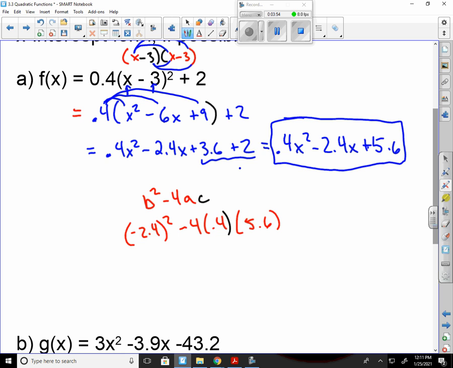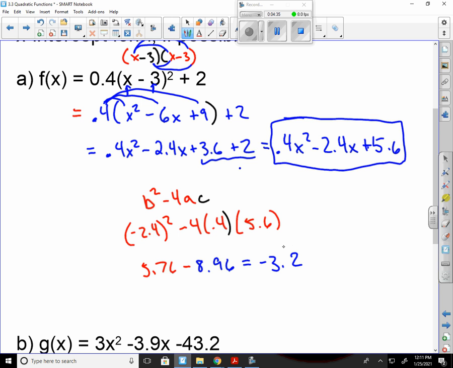Negative 2.4 squared gives me 5.76. And then 4 times 0.4 times 5.6 gives me 8.96. 5.76 minus 8.96 gives me negative 3.2, which is obviously negative.